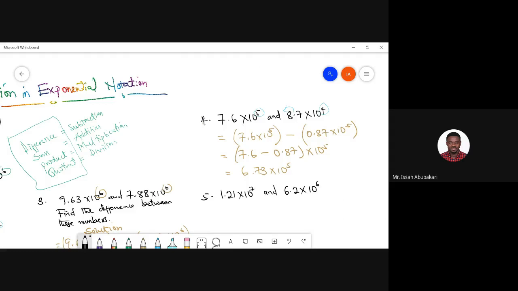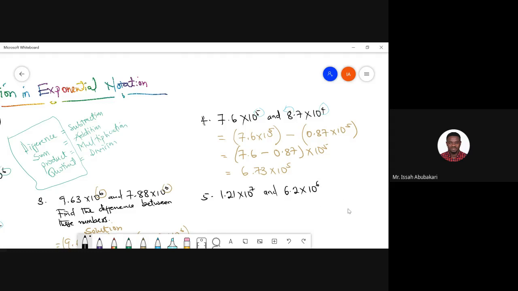You're going to do the same. You're going to change this power 6 to power 7. And to change that, it simply means you have to move the point to the left side. That will be positive. And we add it to 6 to make it 7. So try it and see. Pause the video and try it. After that, you come back and check if you get the same answer or not.